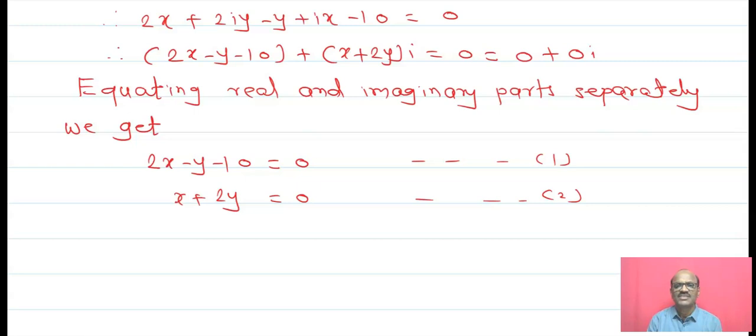Now again we will change equation number 1, that is 2x minus y equals 10. This is a very simple way.